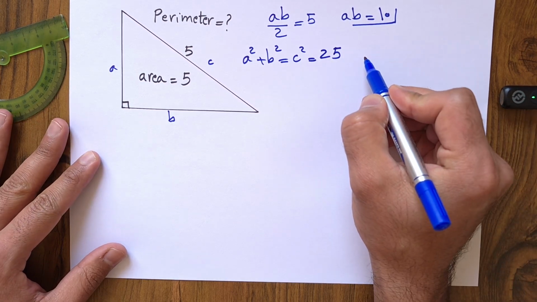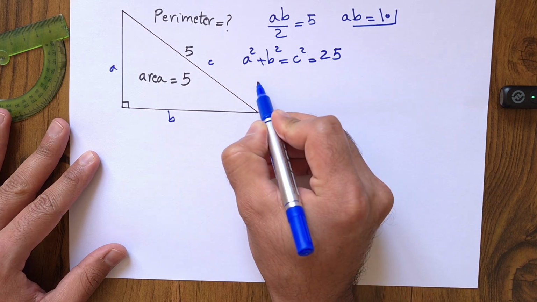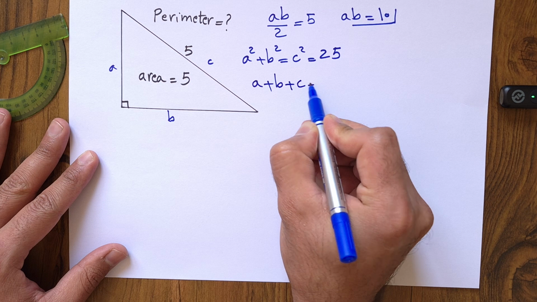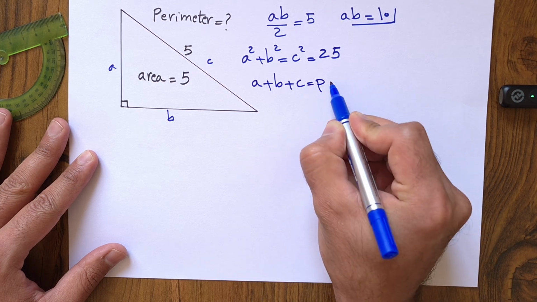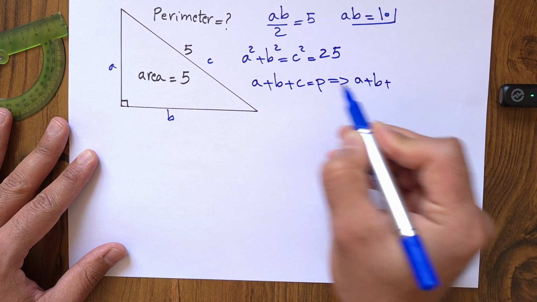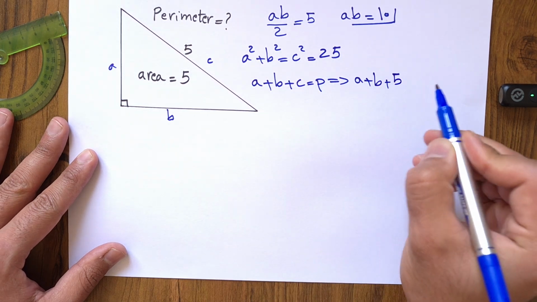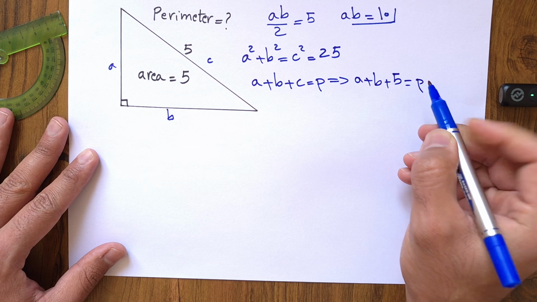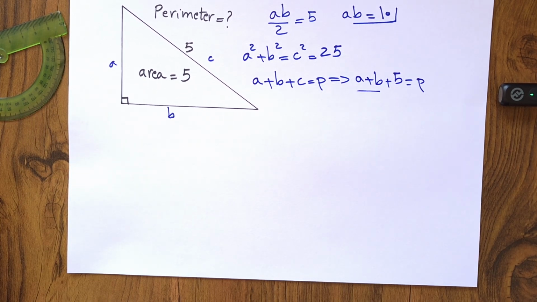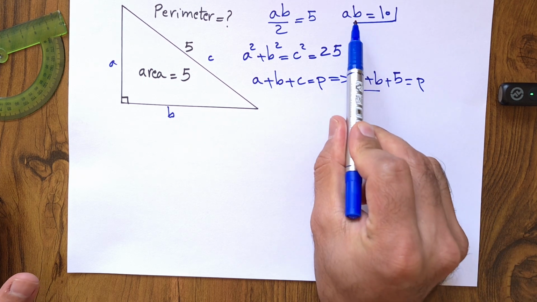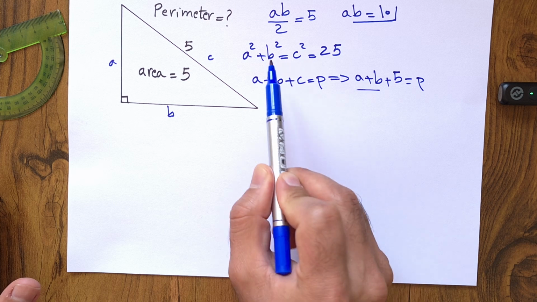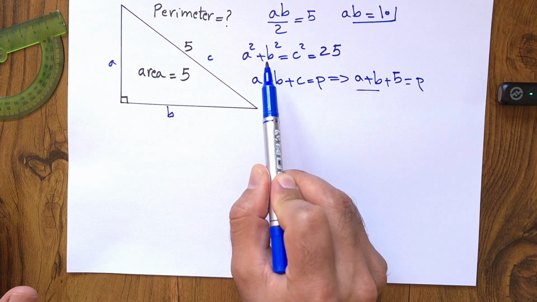But our mission, our job is to find the perimeter, which is A plus B plus C, right? This is P. So it equals A plus B plus C, where C is 5. But what is the value of A plus B? One way is just to calculate everything. We have the value of A in terms of B, or B in terms of A, then we can substitute in this quadratic equation.